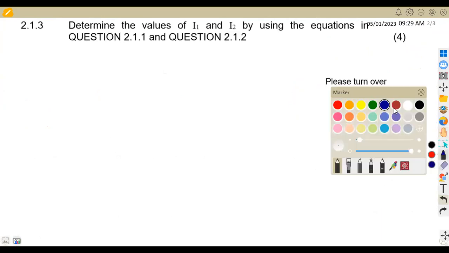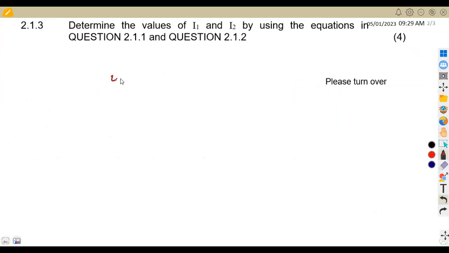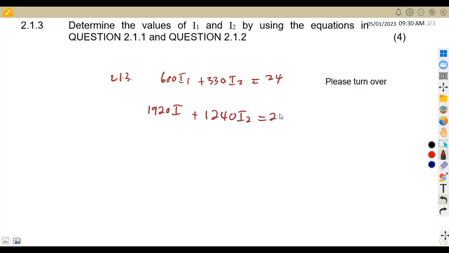So remember, we obtained from the first part, this is 2.13, the first equation, we got 680 I1 plus 330 I2, which is equal to 24. Then the second equation, we got 1,920 I1 plus 1,240 I2, which was equal to 24 again.